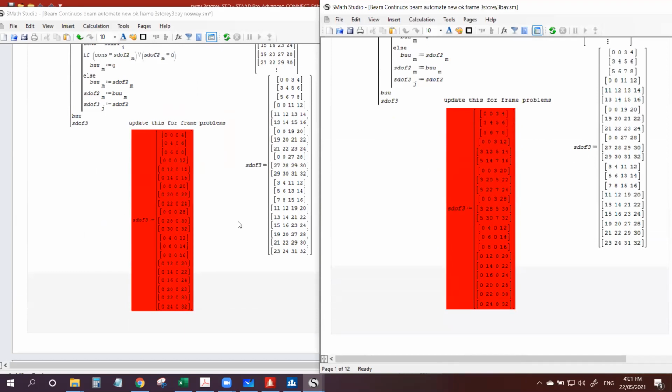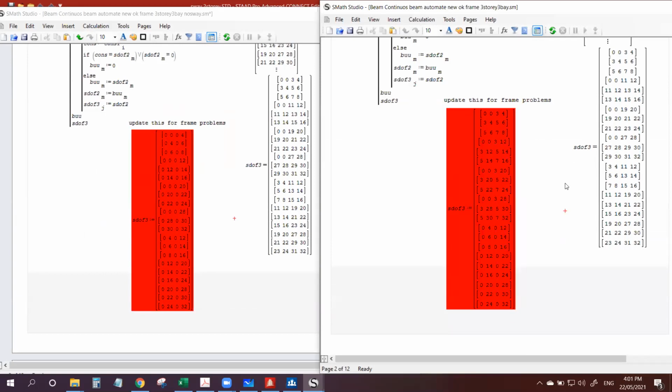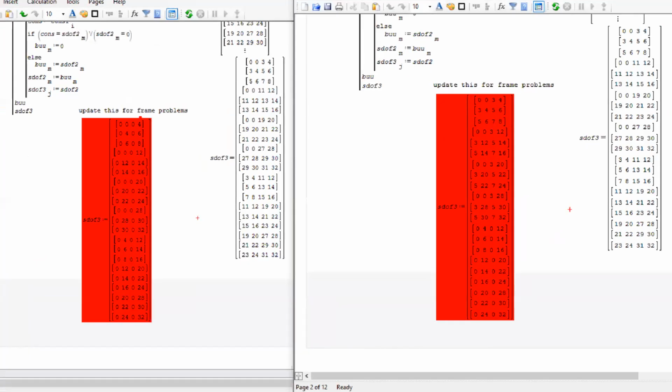Let's take a look again. This is for non-sway, this is for the sway. Now for non-sway, as you notice, 4, 4, 6, 6, 8, basically even numbers, because it's all rotation. 12, 12, 14, 14, 16.